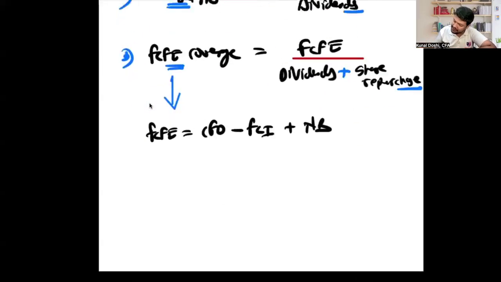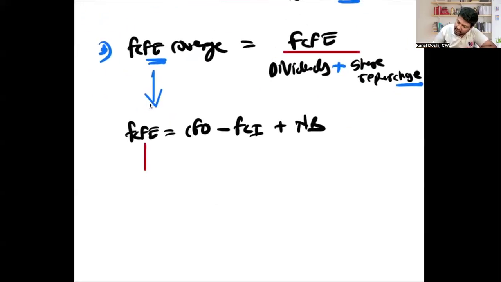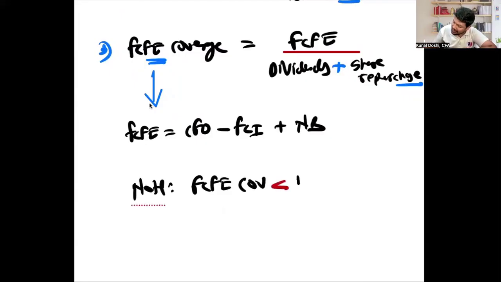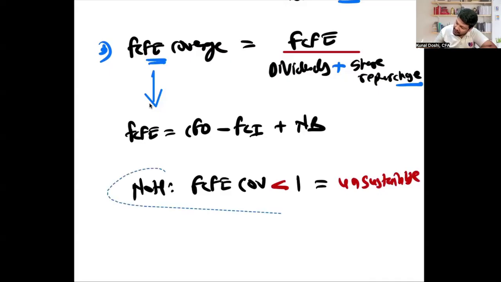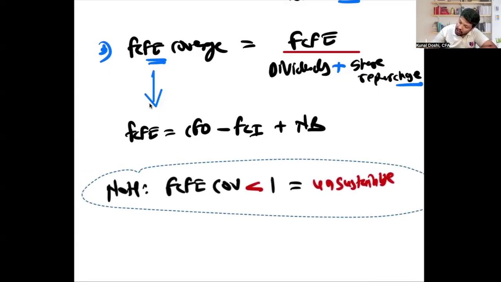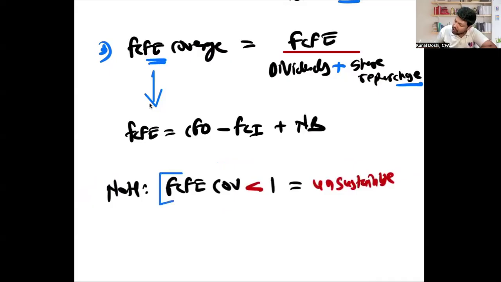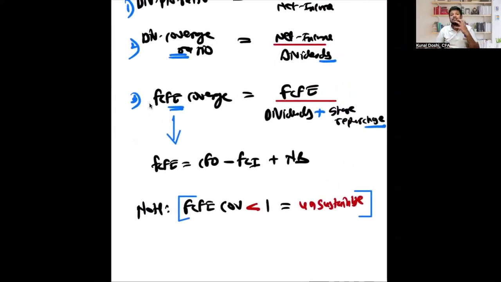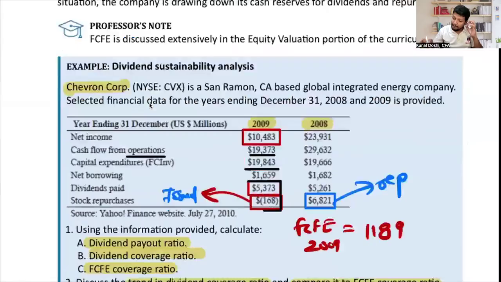So note, FCFE coverage below 1 is considered unsustainable. Company cannot survive for long if their FCFE coverage ratio is so low. They can neither pay dividends nor do repurchase from their FCFE. So that's a bad signal.